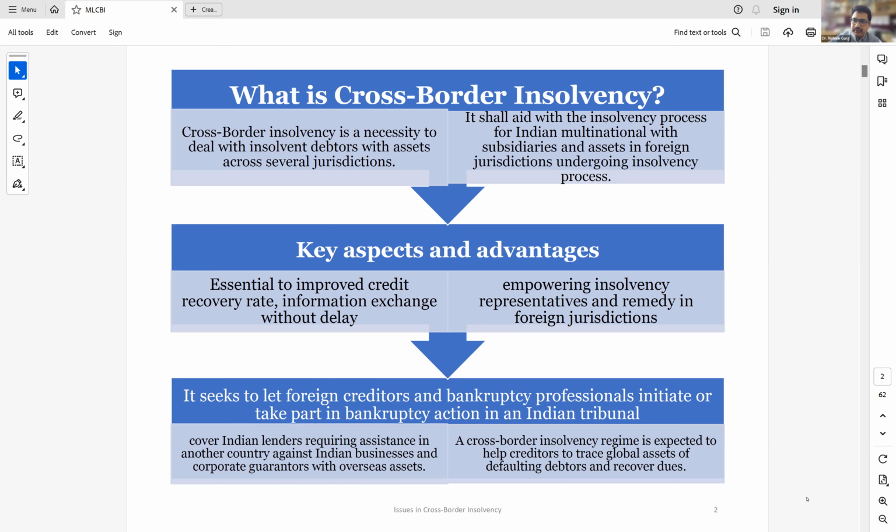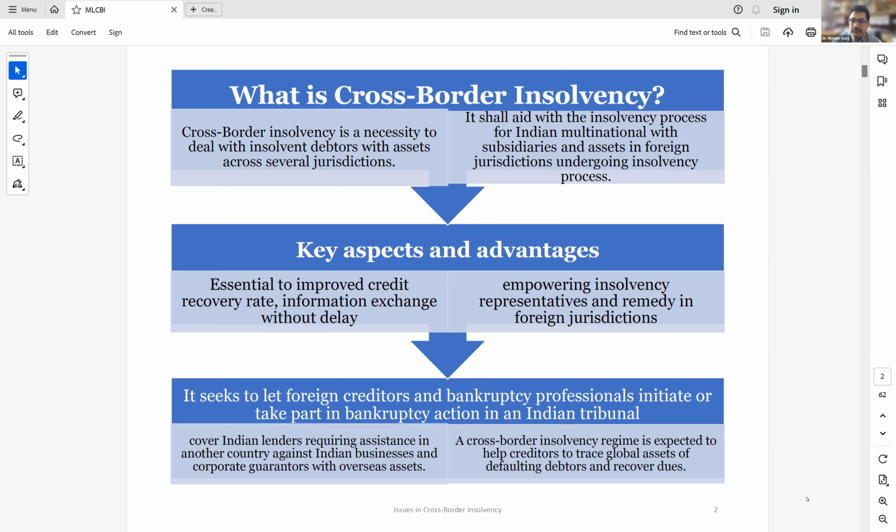So if the insolvency application is admitted, moratorium is imposed. And when the moratorium is imposed, in India, it is automatic. Whenever an NCLT imposes the moratorium, it will be recognized as a moratorium throughout.